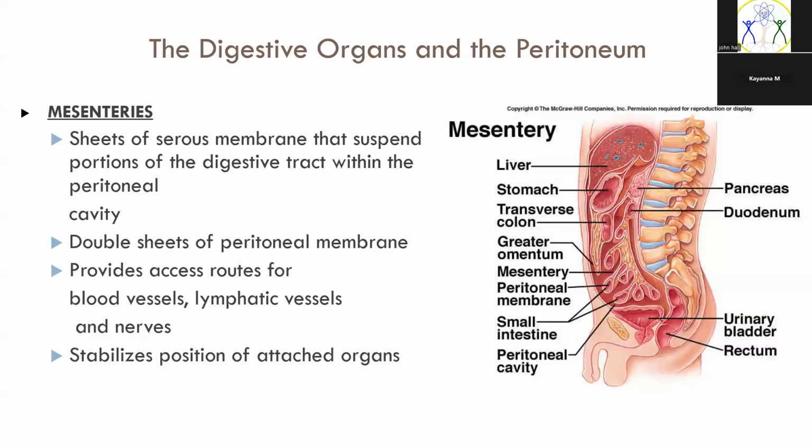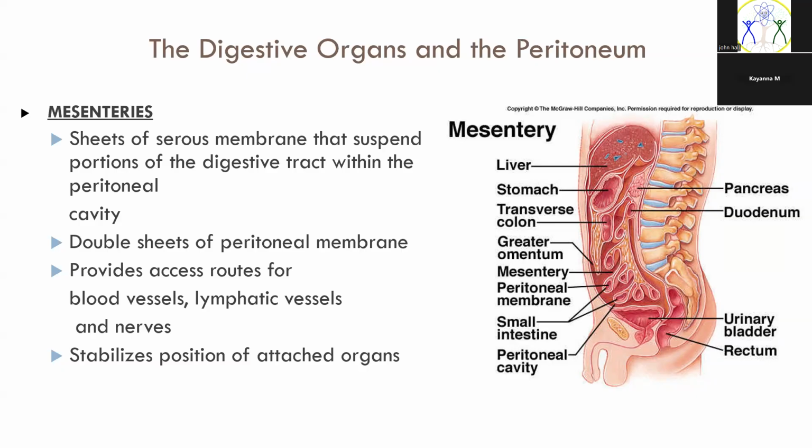I mean, it does hang, so there's some amount of movement that can be associated with it. But think of it more along the line of fruit hanging from a tree, right? It can move a certain amount when the breeze blows, but it's not going to go very far. So yes, your intestines can slosh around a bit, but they're held relatively stationary.